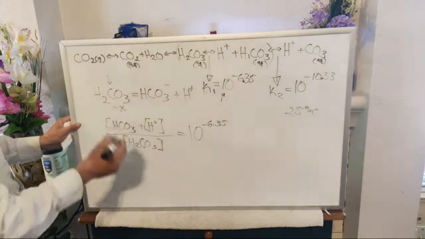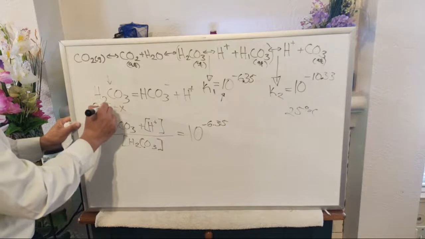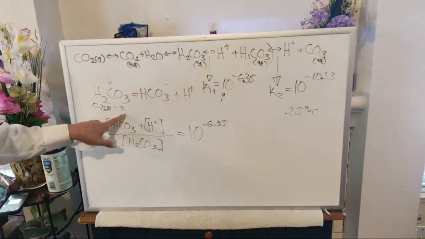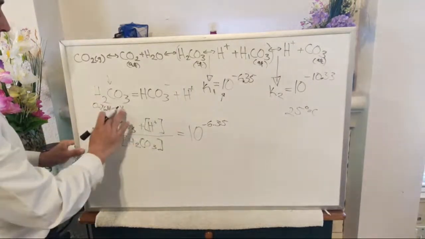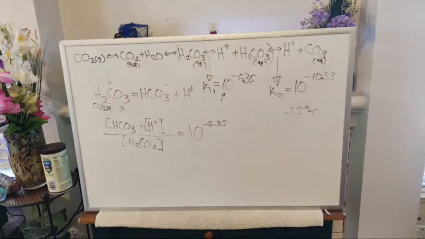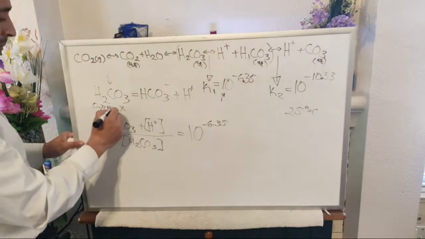So let's say I add about 0.76 molar of carbonic acid, and then minus. This should be a minus, I think. Oh yeah, it is minus. Correct me if I'm wrong later.